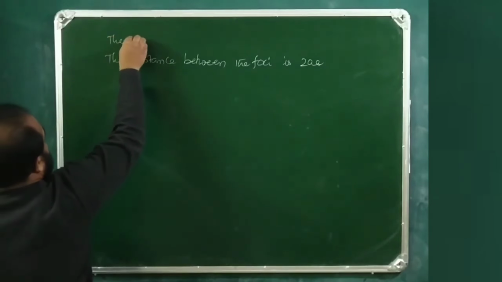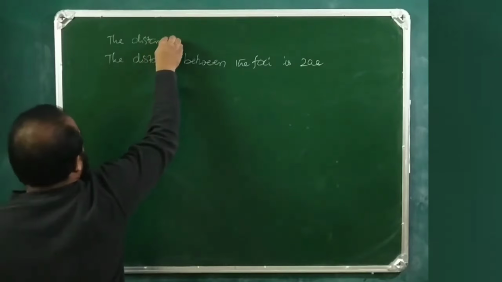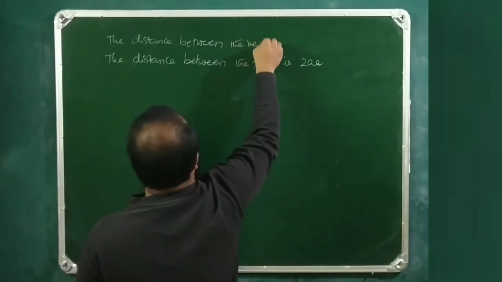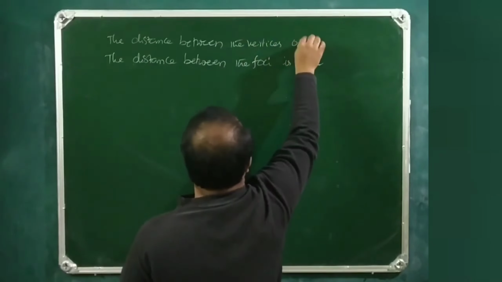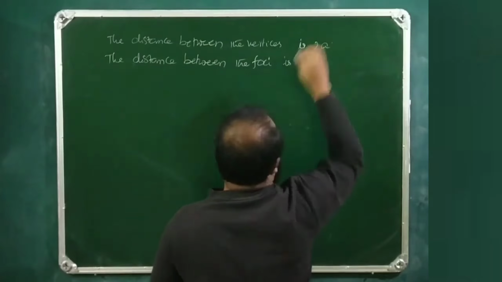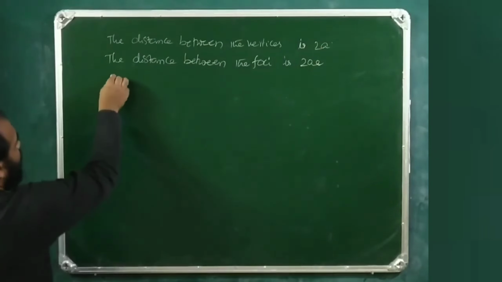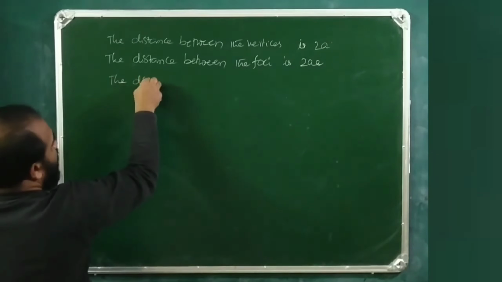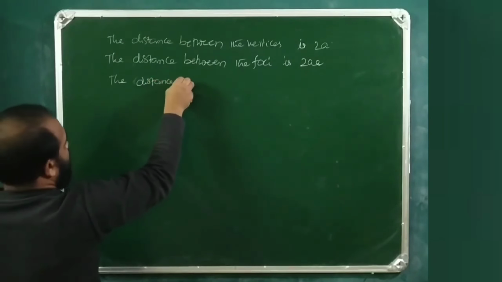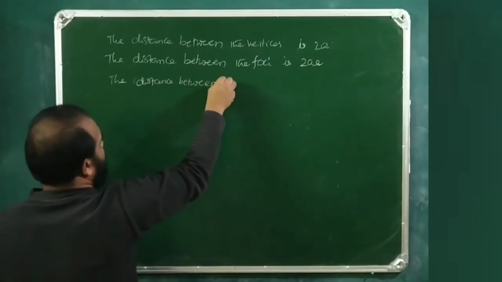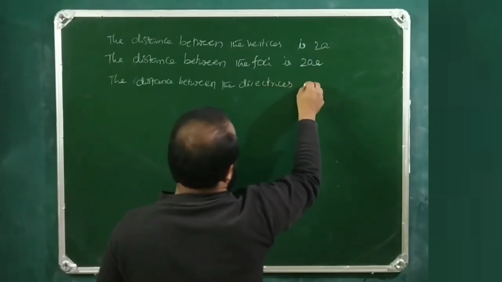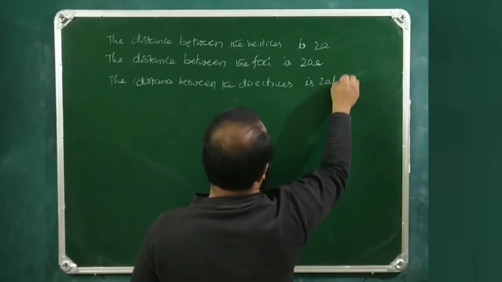The distance between the vertices of the hyperbola is 2a. The distance between the directrices is 2a by e.